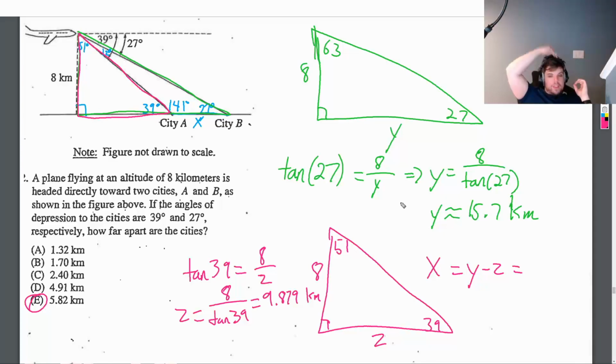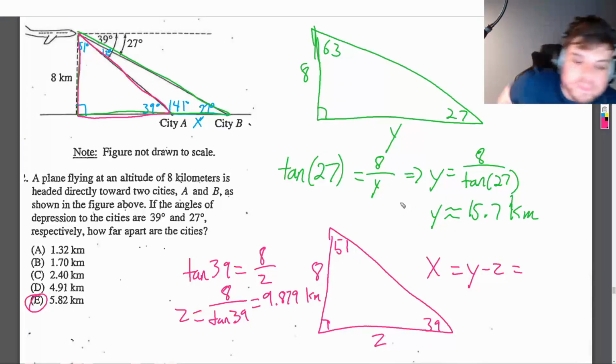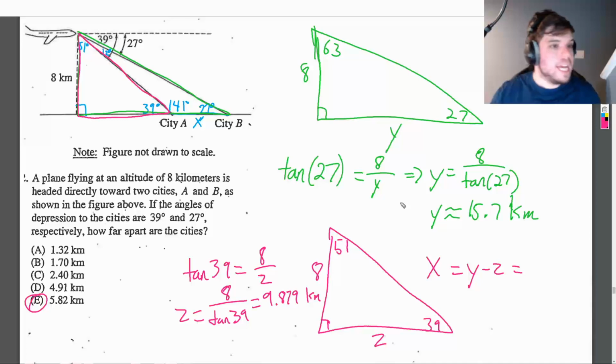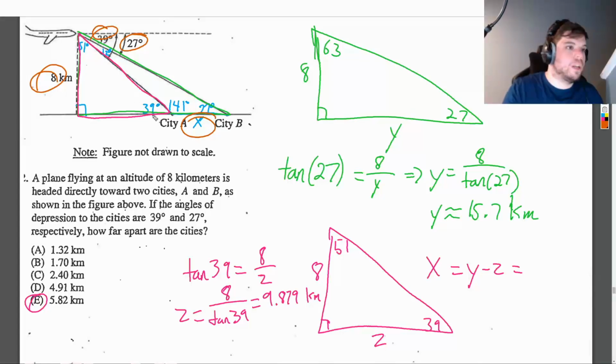I think the key to this problem, and the key to doing it fast, is identifying what you're looking for. So let's use a color we haven't used yet. Orange. So we identify what we're looking for, x. And what do we know? We know this 8, we know the 27, we know the 39.